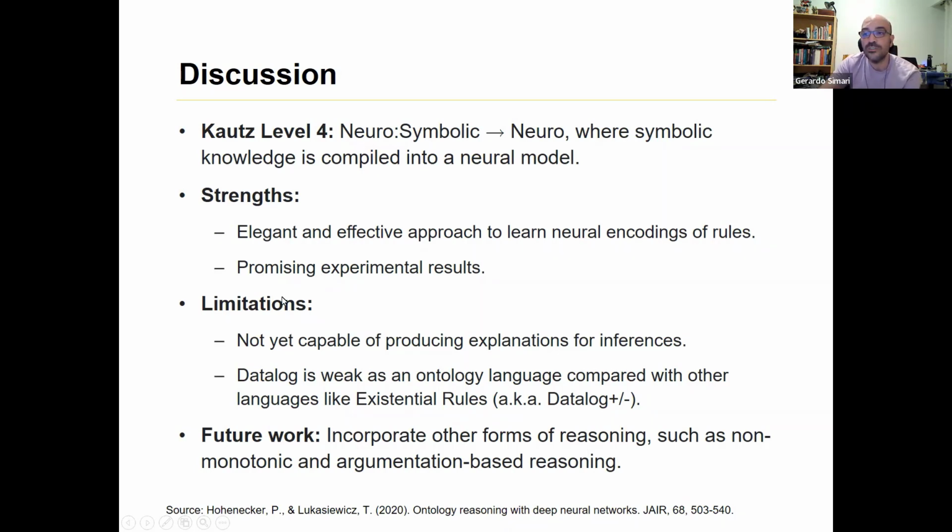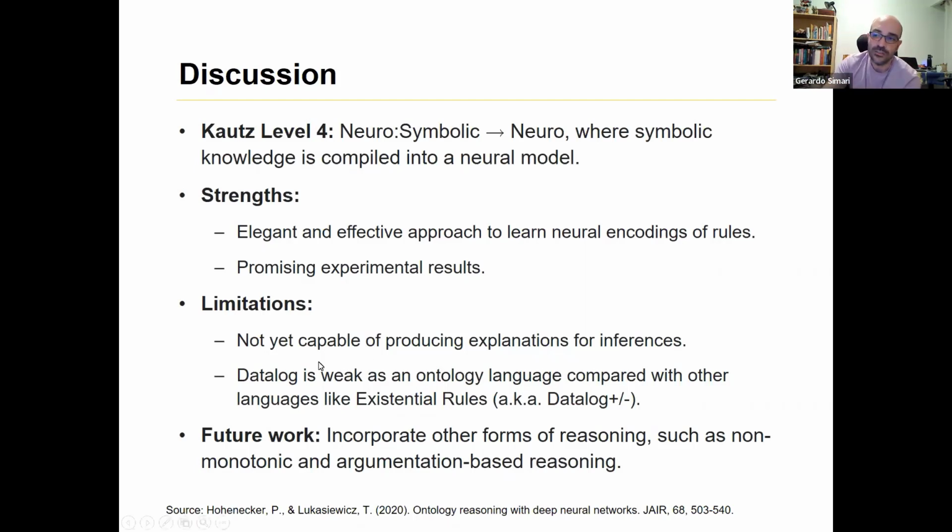Some limitations: not yet capable of producing explanations for the inferences, and Datalog is quite weak as an ontology language. If you compare it with OWL, or semantic web languages, also like Datalog plus-minus existential rules, it is where they actually come up with, for instance, value invention, like saying every person has a father, and then you can do these kinds of inferences.